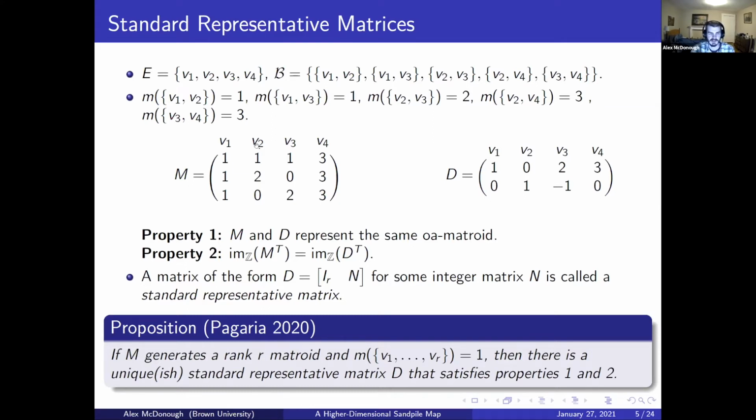So in this case, the multiplicity of V1, V2 is 1, and that tells us we can get a standard representative matrix that is going to represent the same oriented arithmetic matroid, which is nice because if all we have is this oriented arithmetic matroid information, we can write it in this very nice way.